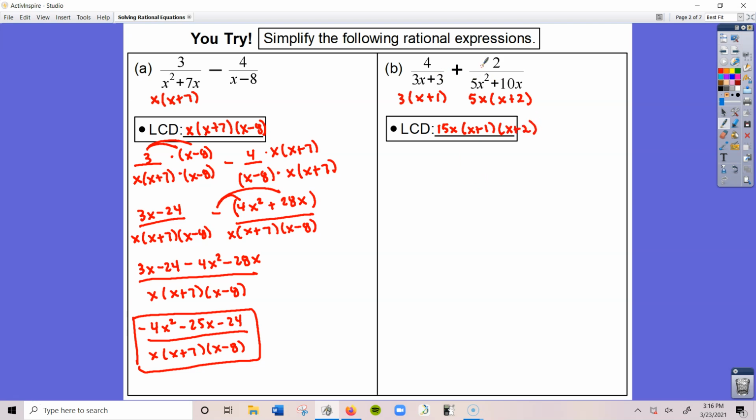Now we need to rewrite these fractions. So the first one, 4 over 3 times x plus 1. What we're missing is the 5x from the 15x and the x plus 2. So I'm going to multiply both the numerator and the denominator by 5x times x plus 2.